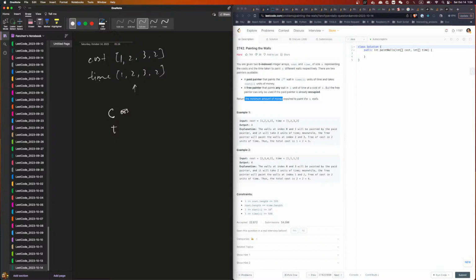So I can say, okay, for the current wall, I don't want to use the paid painter because using the paid painter will increase the cost. So I can search all the previous states to see if any one of them has extra time. If they do, then this one can be included by the previous extra time.